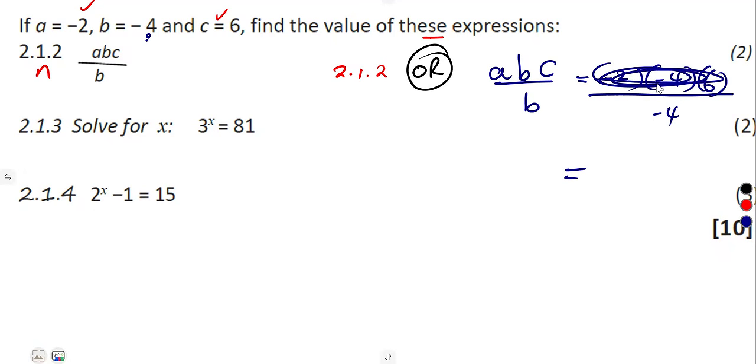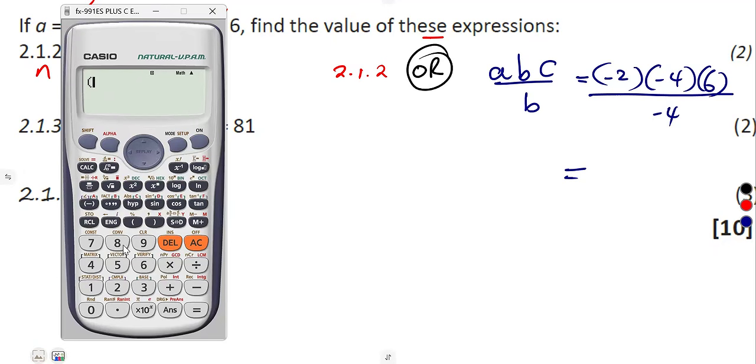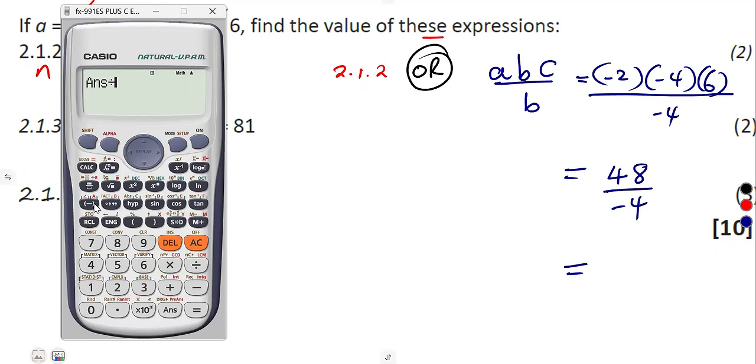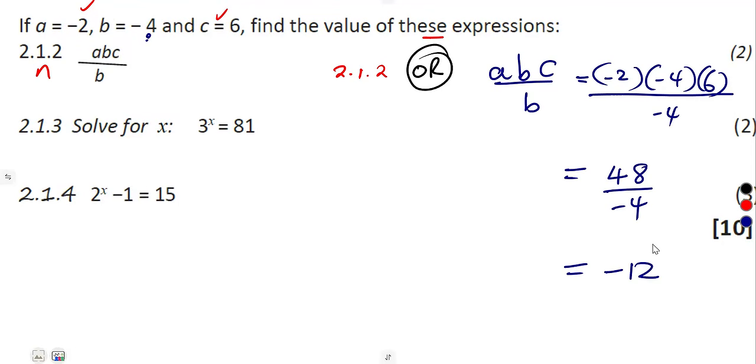Or you can simplify the numerator. Use your calculator, guys: negative 2 times negative 4 times 6 gives us 48. So we've got 48 over minus 4. If we divide by negative 4, that's negative 12, which gives us the same answer as the previous one.